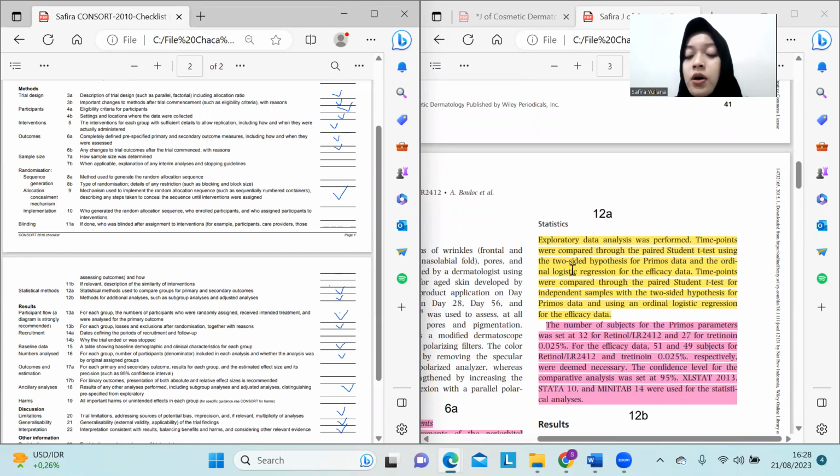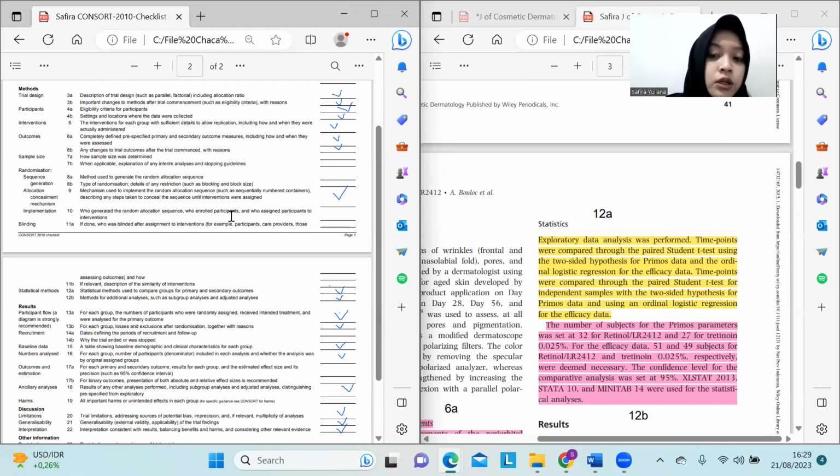Time points were compared through the paired Student t-test using the two-sided hypothesis for Primos data and the ordinal logistic regression for the efficacy data. And the time points were compared through the Student t-test for independent samples with the two-sided hypothesis for the Primos data, using the ordinal logistic regression for the efficacy data.